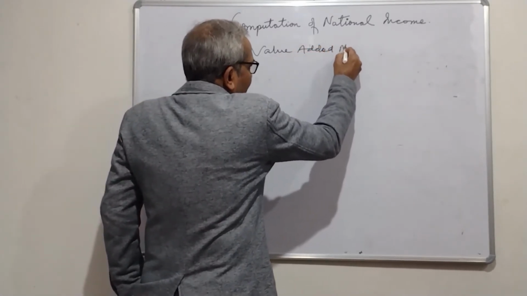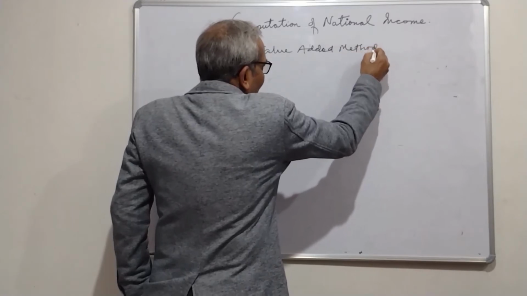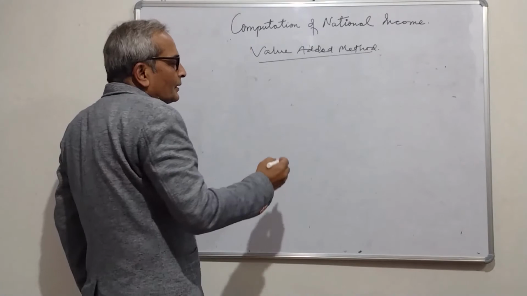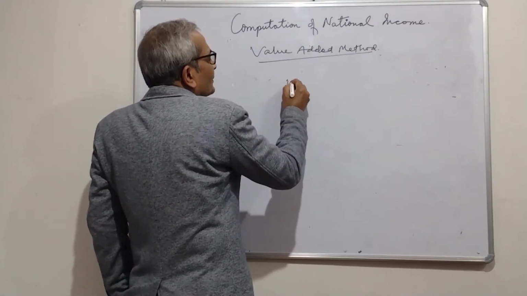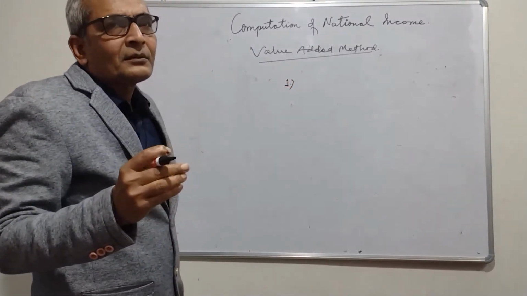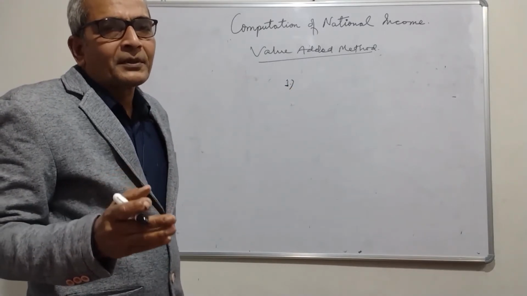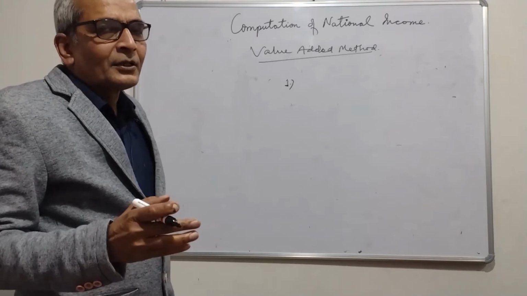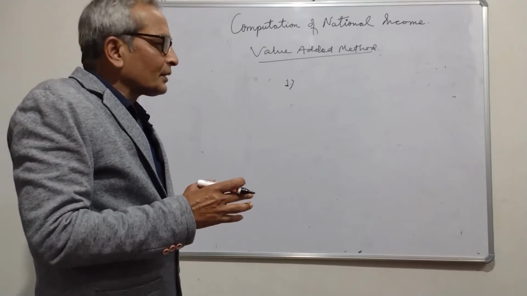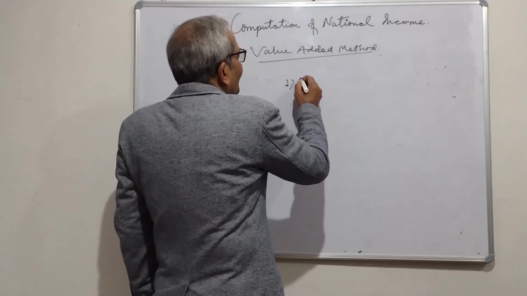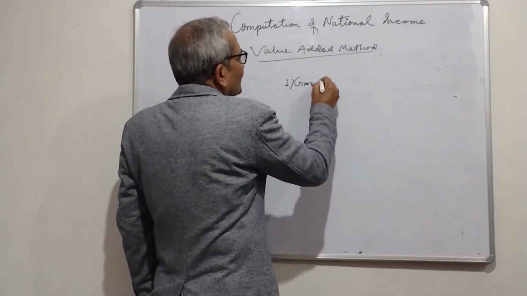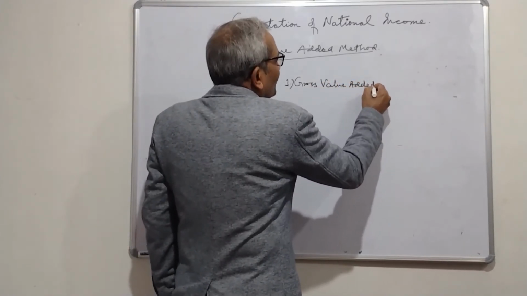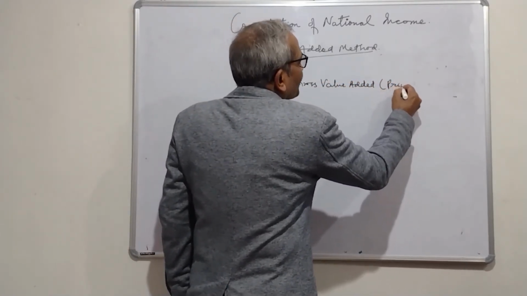Value added method. Now what are the different items of this value added method? Number one is, there are three sectors in the economy: primary sector, secondary sector, and tertiary sector. And there is value addition in all these three sectors. So, here we have gross value added in primary sector.